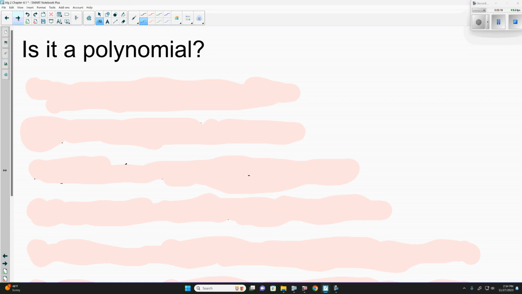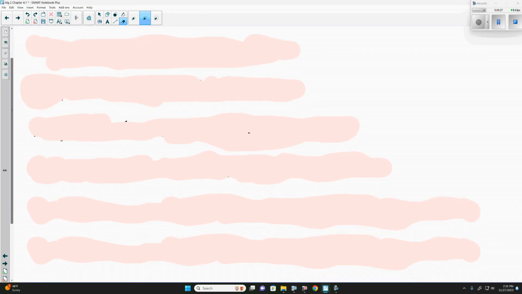Now the other thing that we're going to have before we start our first example problem is defining what a polynomial is. And we could go through and try to describe all the characteristics of what a polynomial function is, but I think it's a little bit easier to describe what it's not, what it should not have.